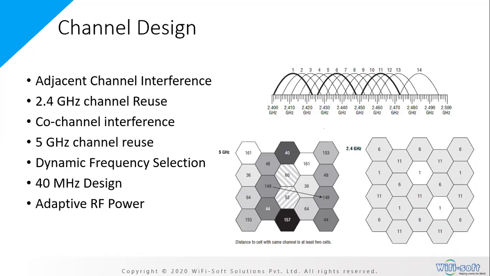The reason is that their algorithms will select the channels for you rather than you designing it. But as an RF engineer or a Wi-Fi engineer, you need to understand the concepts behind this. A lot of people use all these tools within the controllers, but the underlying theory is important for all of you to understand why it is done that way.